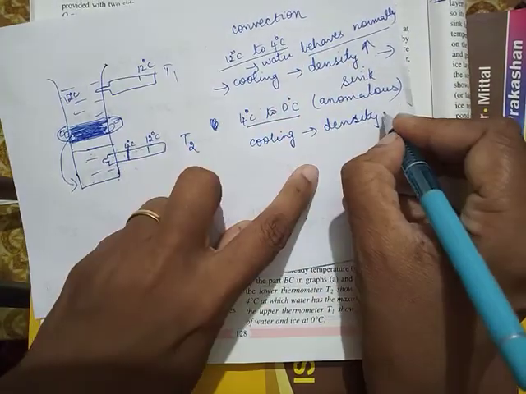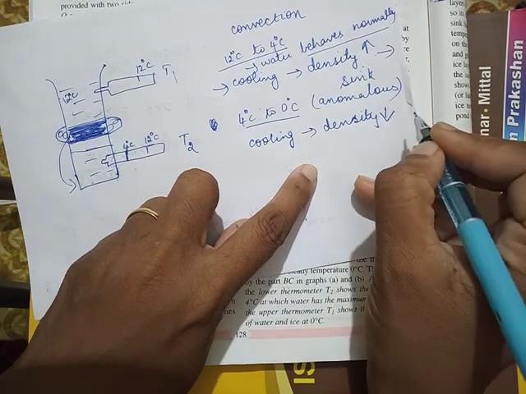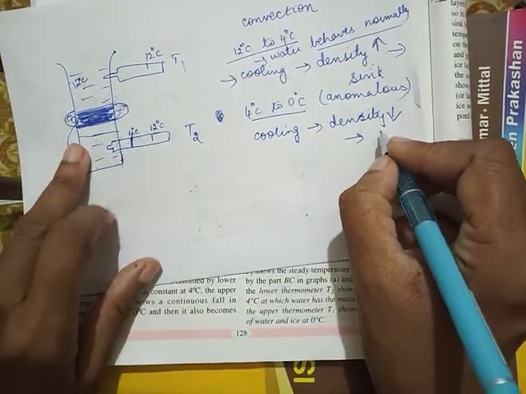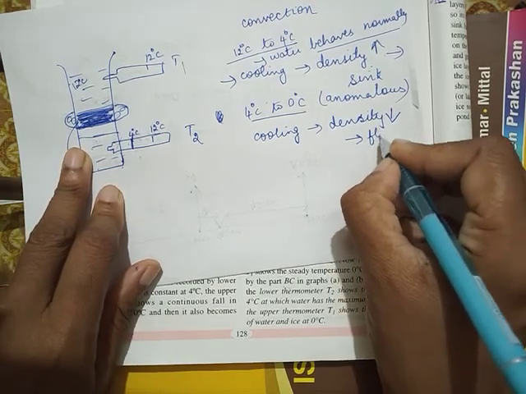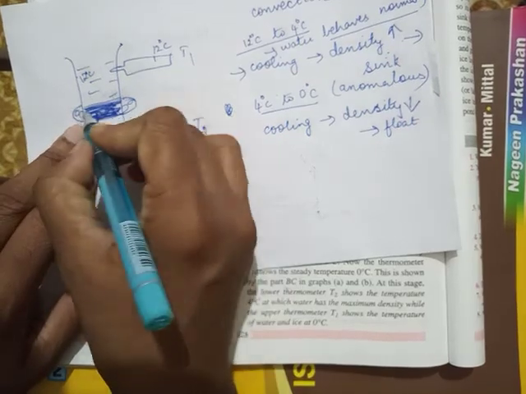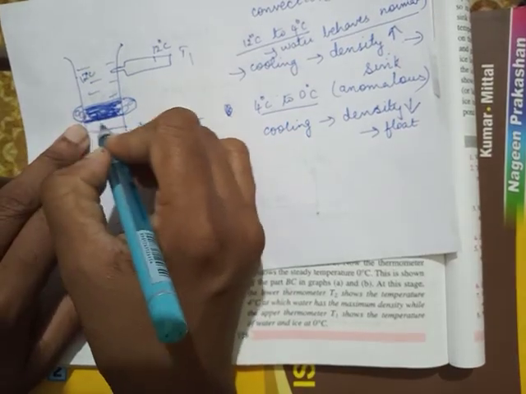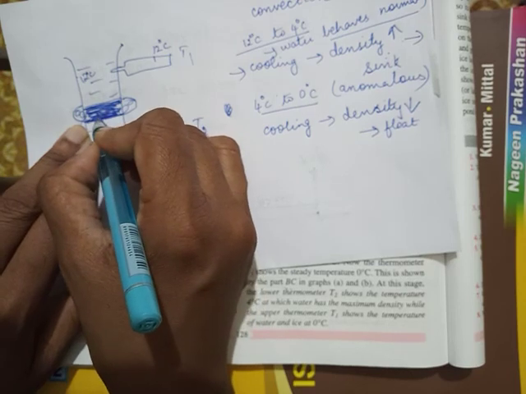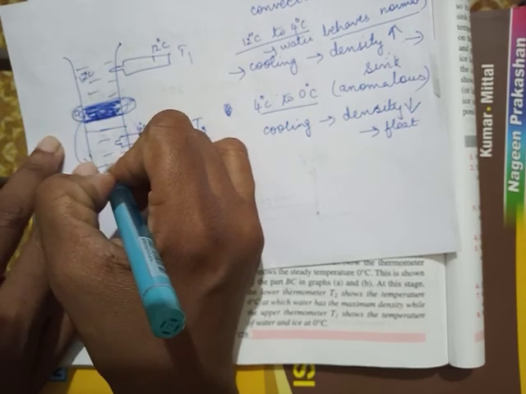Usually density increases, but now density will start decreasing and it will not sink. Water will remain floating at the top. So once this all has reached 4 and the convection starts again, when this layer comes from 4 to 3, it can't go down.